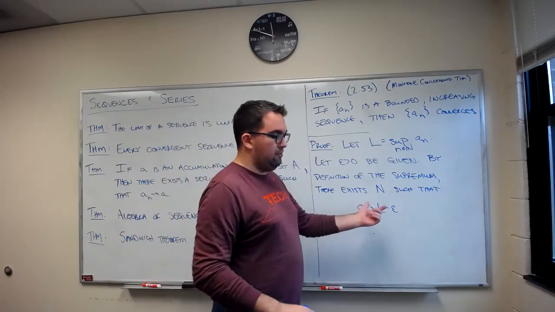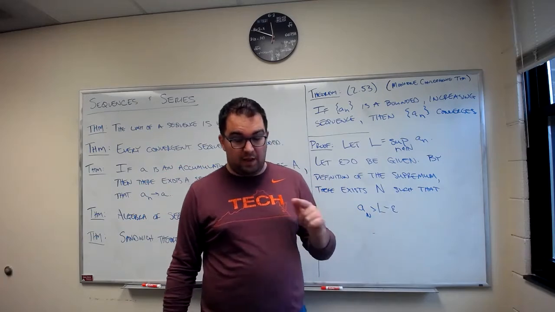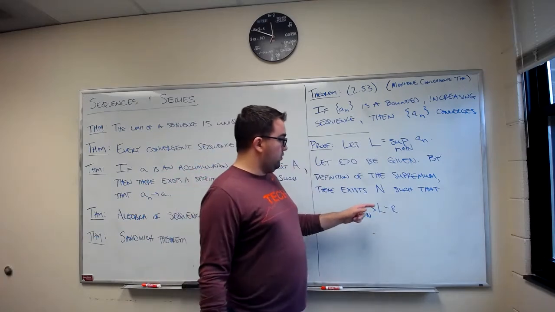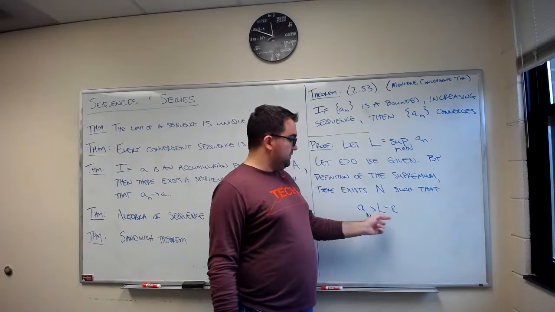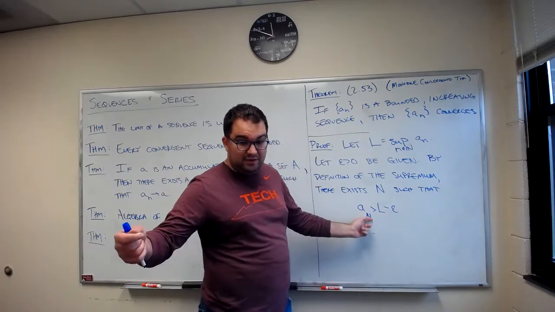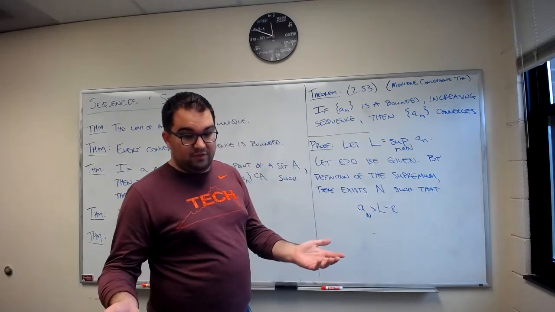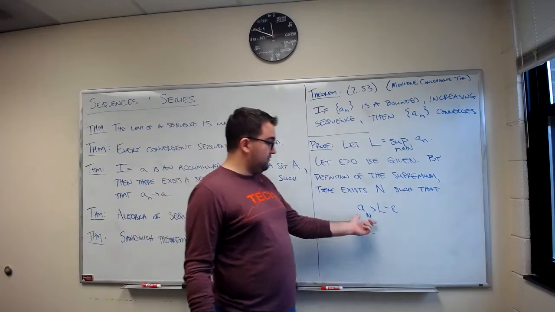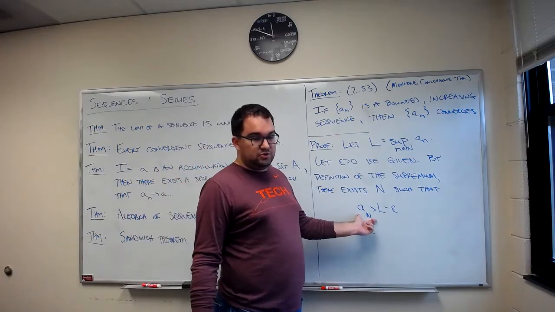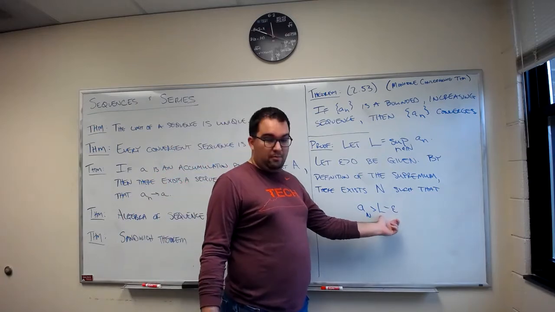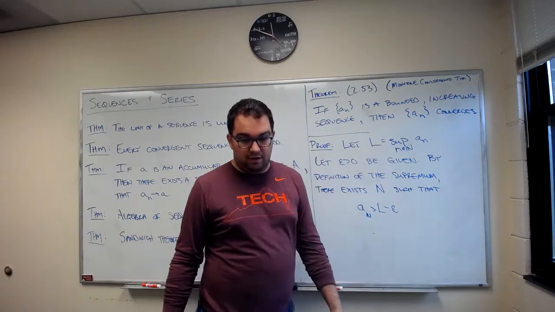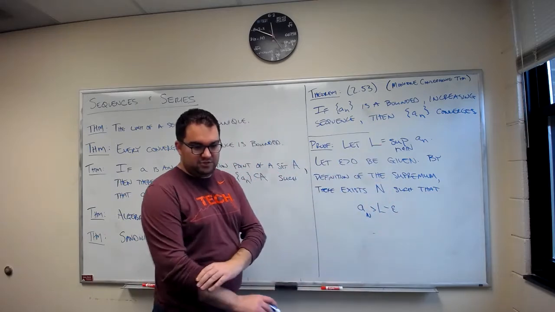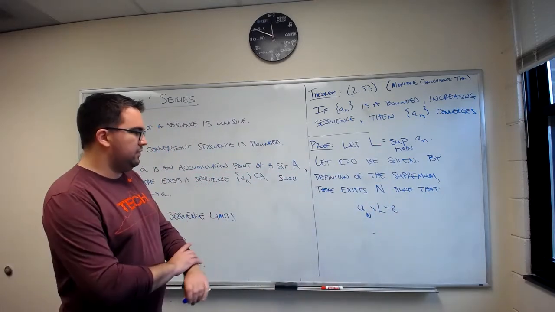That means that L minus epsilon is no longer an upper bound for the sequence a sub n, which means that there must be some element of my sequence which is greater than L minus epsilon. Otherwise, L minus epsilon would be an upper bound which is smaller than L, which can't happen by definition. L is the least upper bound, right?